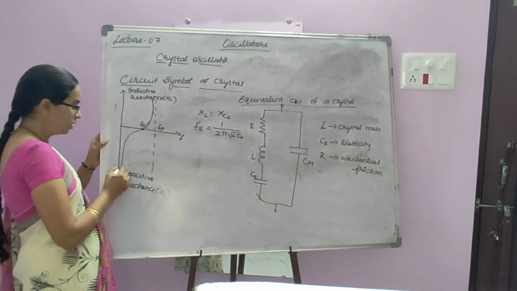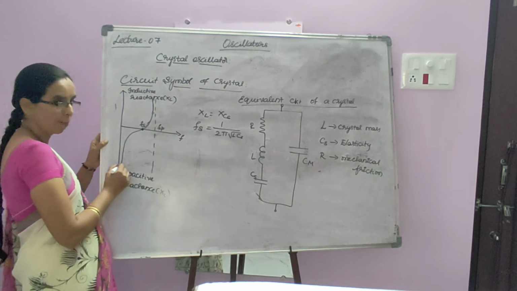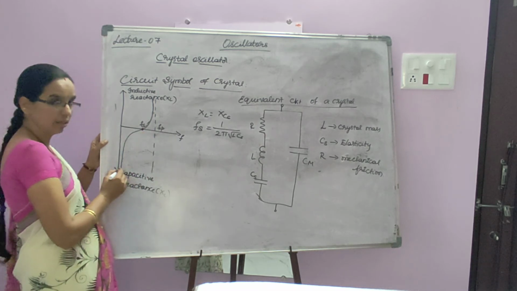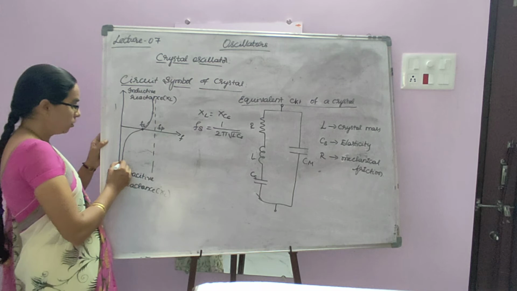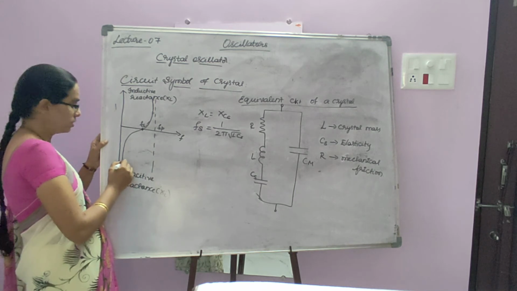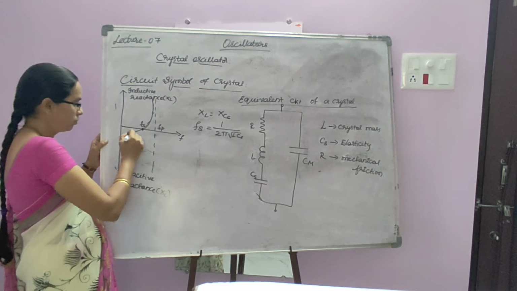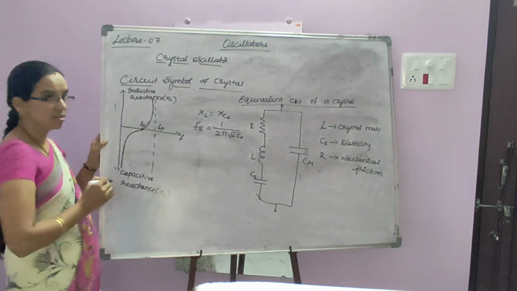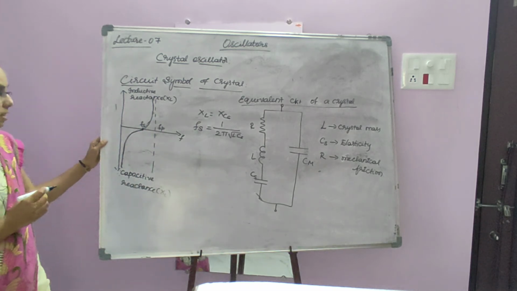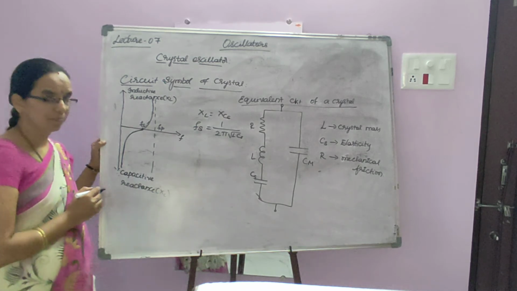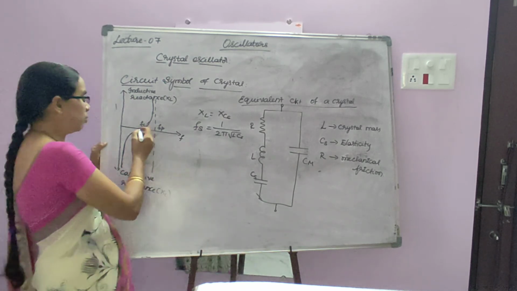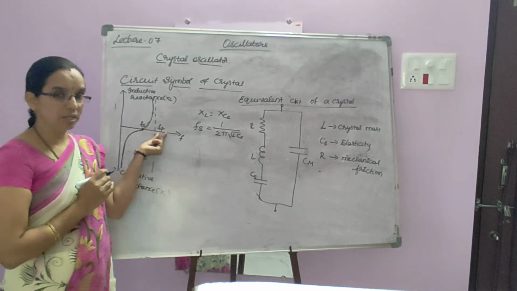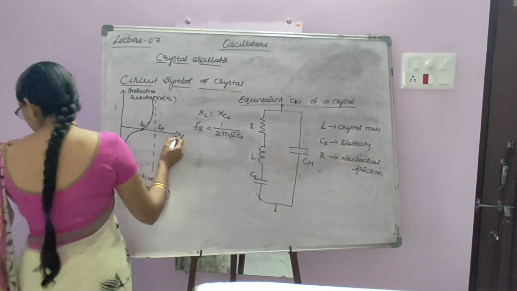At that time the capacitive reactance was very high and the frequency was very low. So whenever the capacitive reactance reduces and reaches some point on the frequency line, that is called Fs, the series resonant frequency. Slightly above this, there is a parallel resonant frequency.